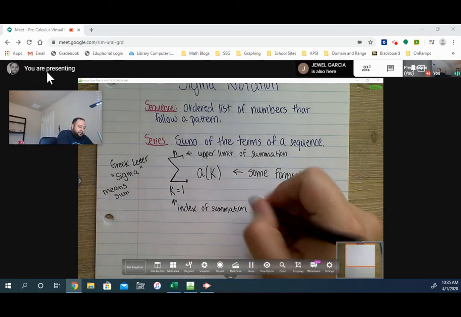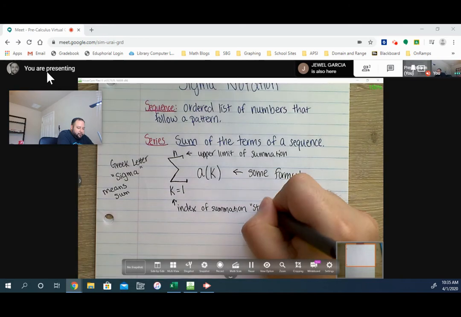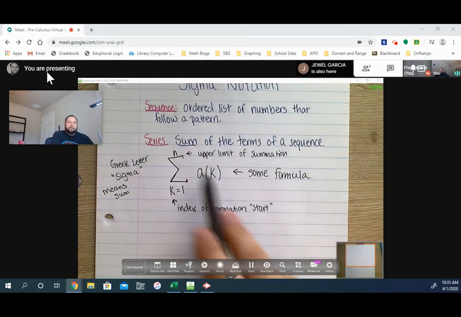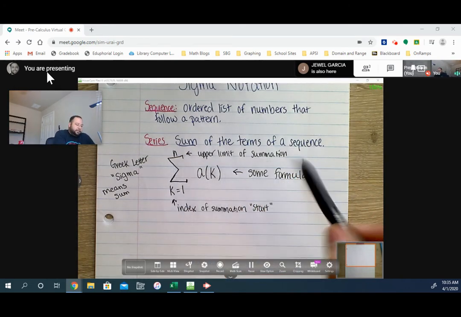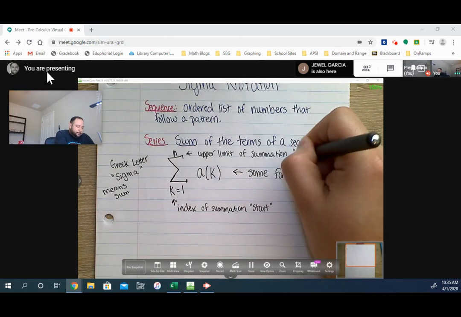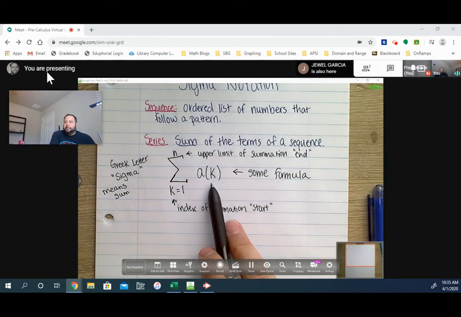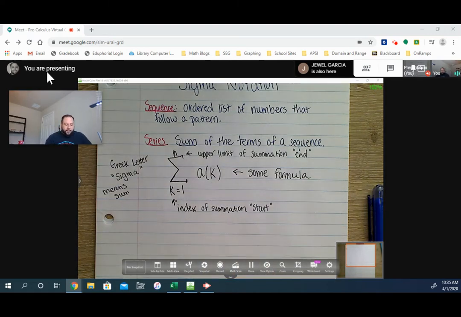You can think of this as where you start. And this upper limit of summation is where you would end. And then this is just some formula. It doesn't have to be an arithmetic formula. It could be a geometric formula. So I'll give you an example here.